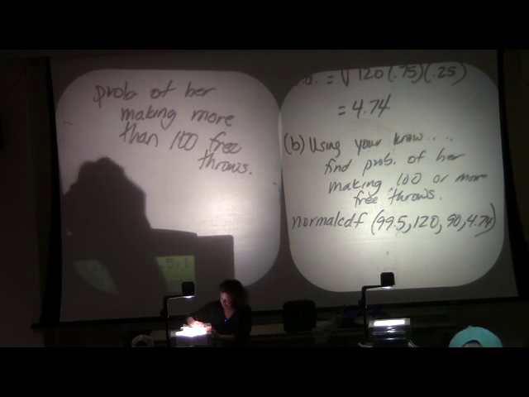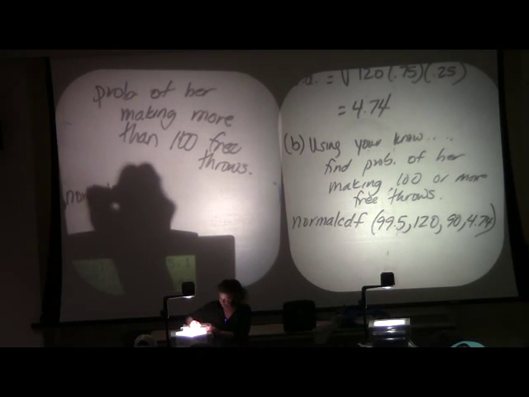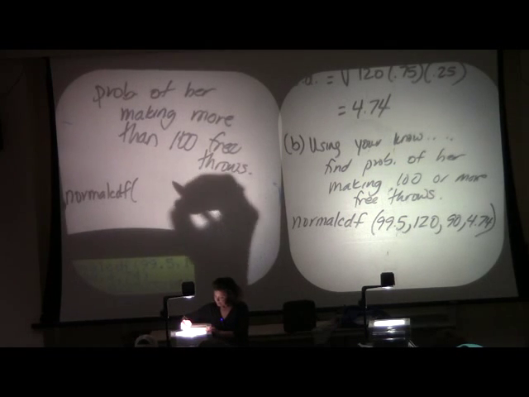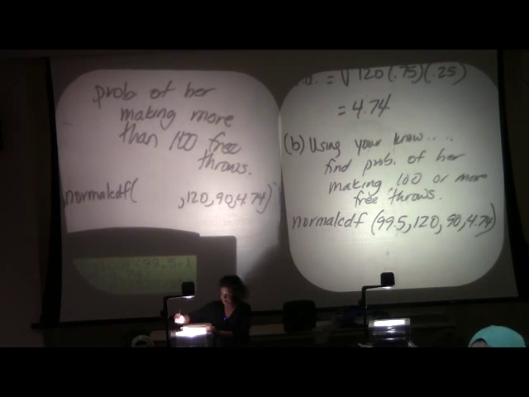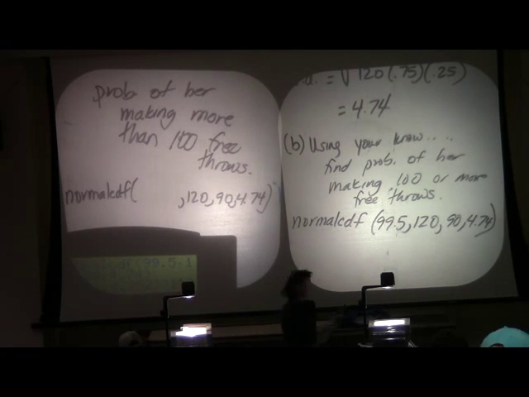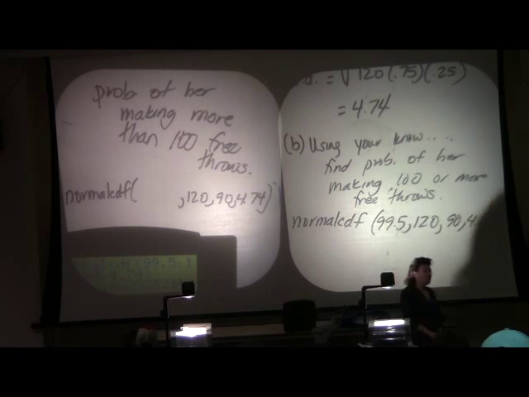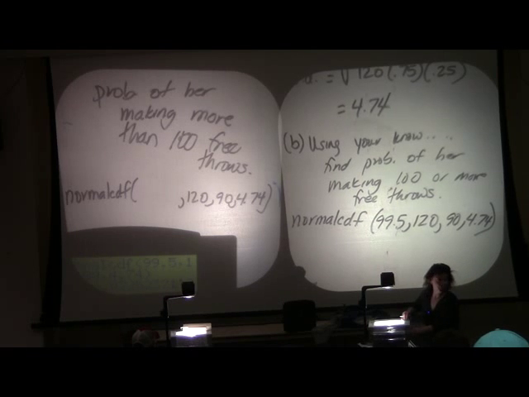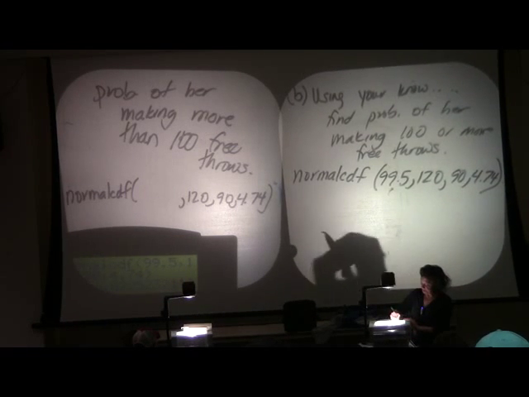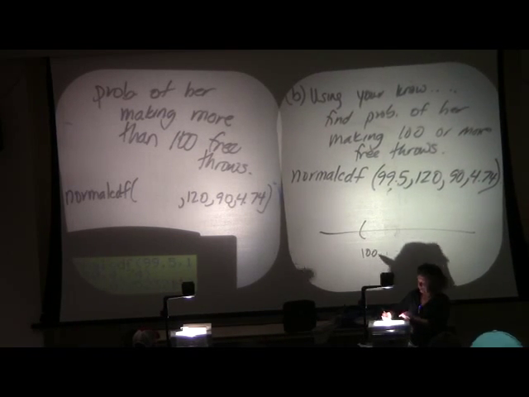We still have that normal CDF. We're still maxing out at 120, and our mean and our standard deviation are still the same. But do you guys see how this is worded slightly different? Cool, thank you. Because I'm now interested in more than 100.